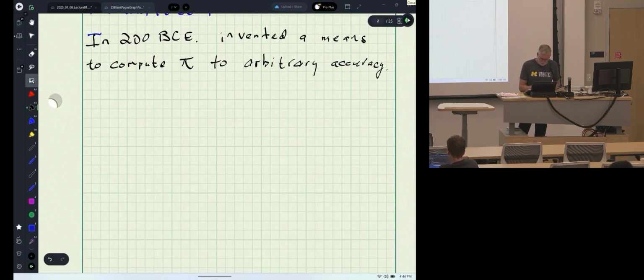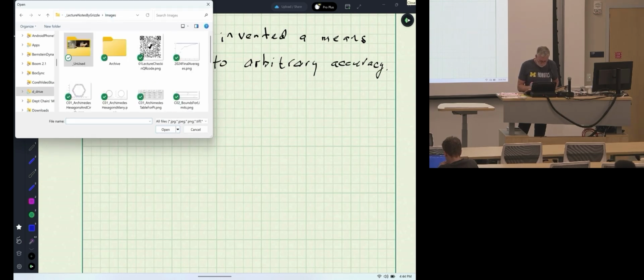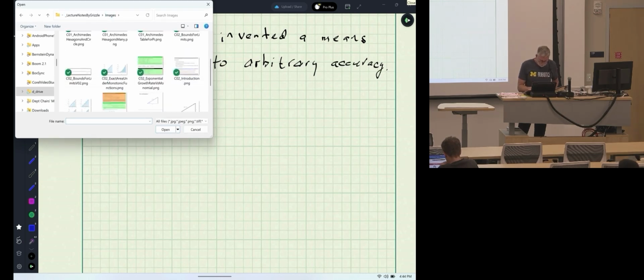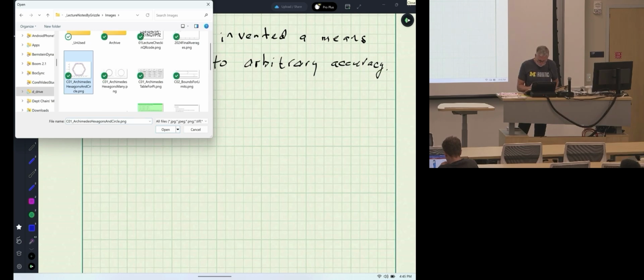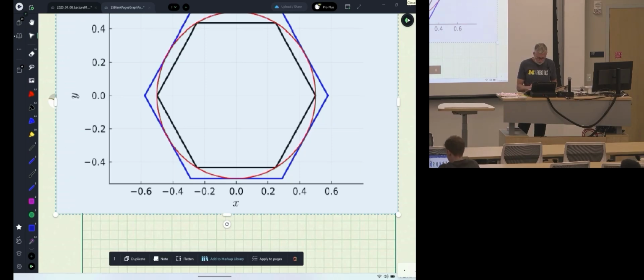Okay, so let me introduce an image, because my drawing is even worse than my handwriting. And, oops, I want to go to the used ones. And Archimedes. Open. There we go.